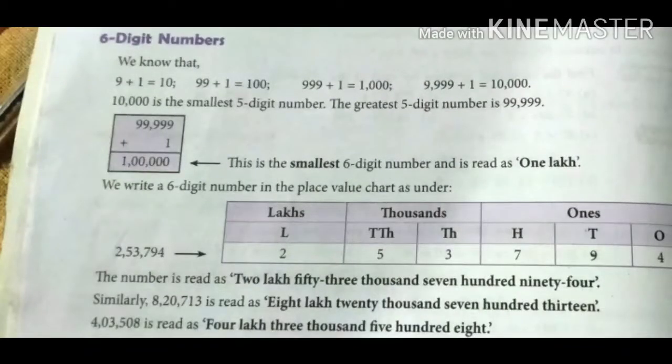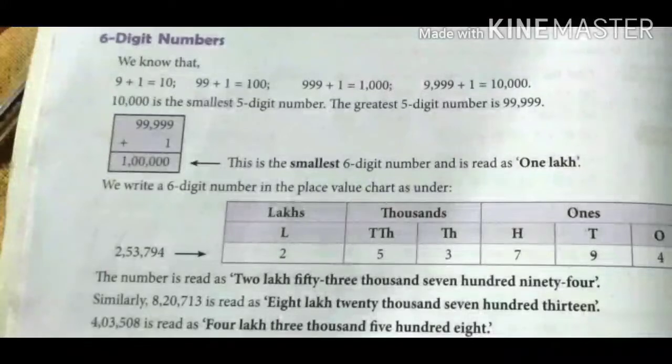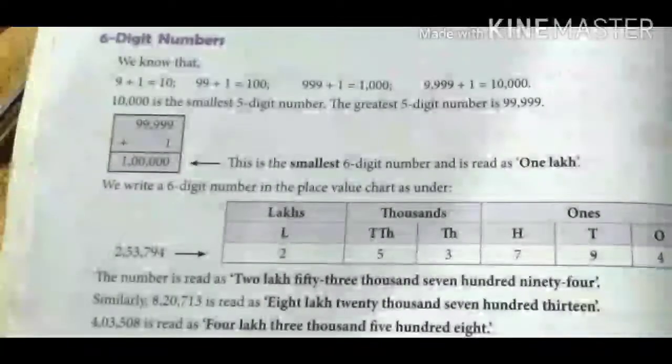In one place we put 4, in 10 place we put 9, in 100 place we put 7, in 1000 place we put 3, in 10,000 place we put 5, and we put 2 in lakh place. Okay, then we read the number, that means 2,53,794.